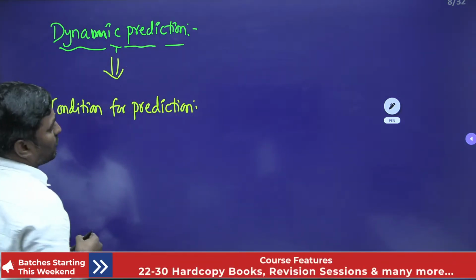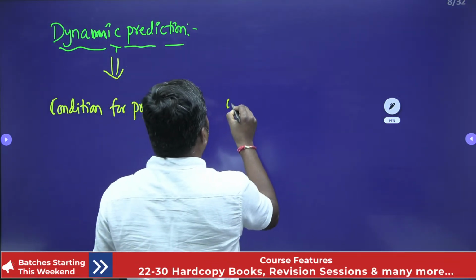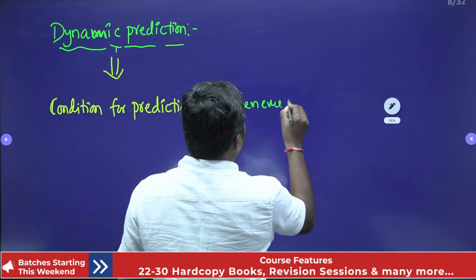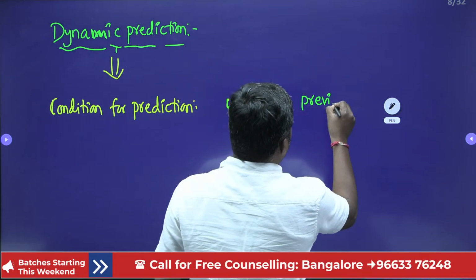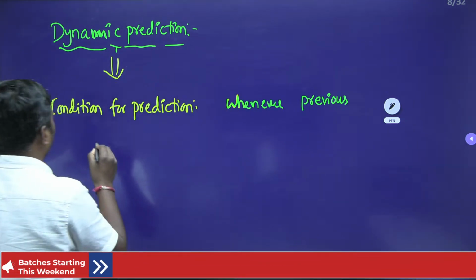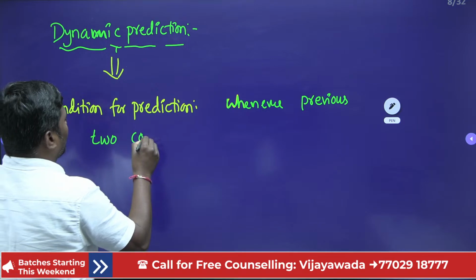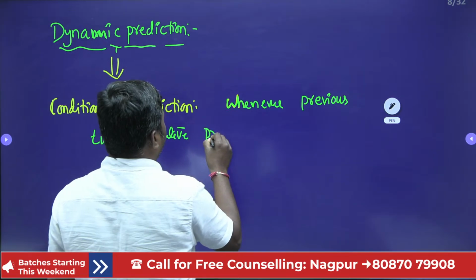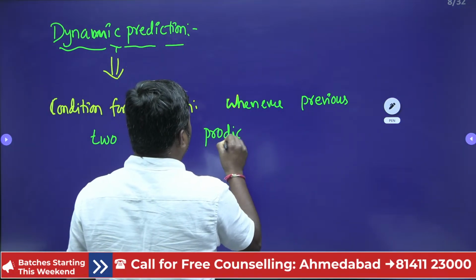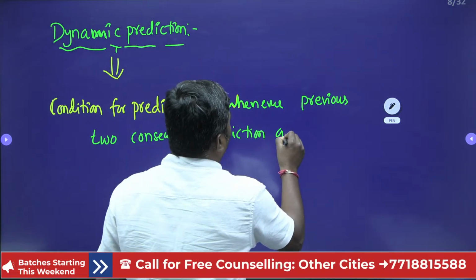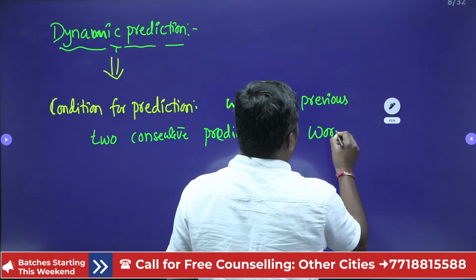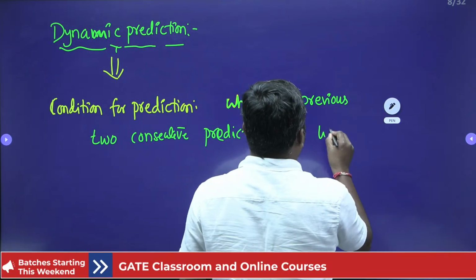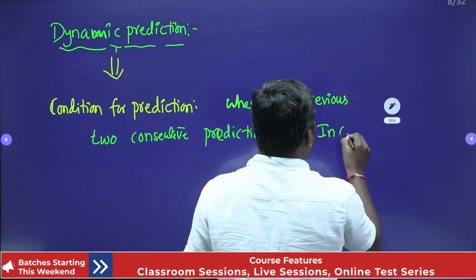Please understand, the condition for prediction: whenever the previous two consecutive predictions are wrong, incorrect.